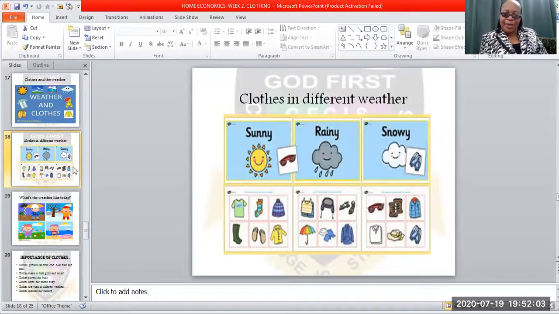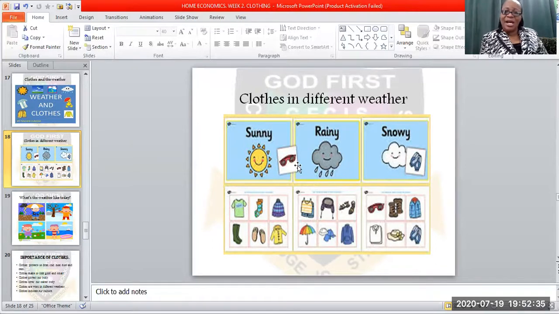Clothes in different weather. Look closely at these clothes: the socks, the boots, the slippers, the cap, the beret, the sun tops, the umbrellas, the coat, the raincoat, the sunshades, the snow shades.